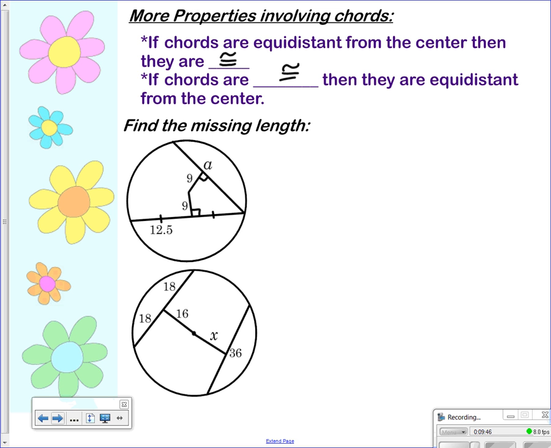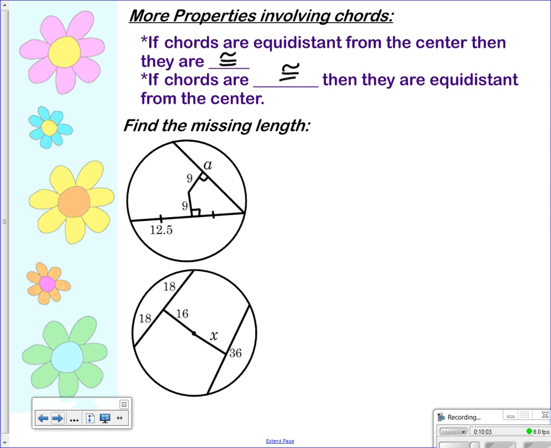So go ahead and look at the first picture up here. It should be the circle that you have where the distance from the center is 9 units. And you know one length here is going to be 12.5.